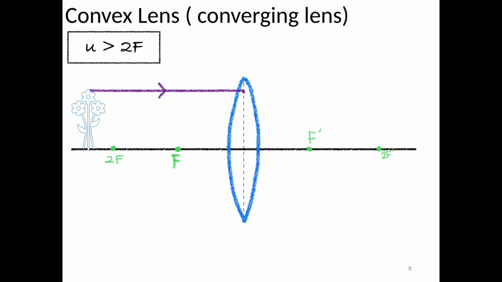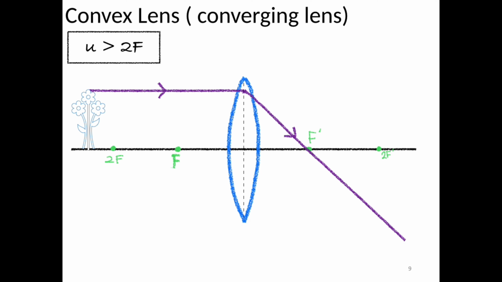Alright, so first we draw a parallel ray that enters the lens, where this line is exactly parallel to the principal axis. When it comes out of the lens, it is refracted or bent in such a way that it goes through the focal point. It must go through this F point. Okay, it cannot be just some random point or some bent line. Okay, good.